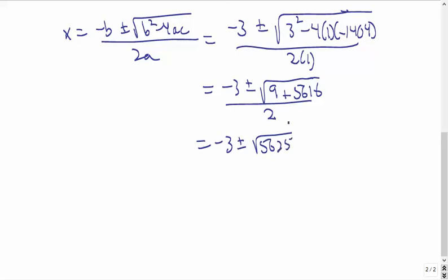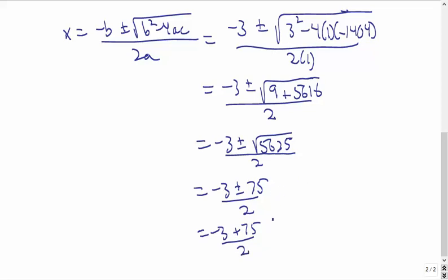So we have the square root of 5,625, which it turns out is a perfect square. It's 75. So all that over 2. So it's negative 3 plus or minus 75 over 2. So that's equal to negative 3 plus 75 over 2, or negative 3 minus 75 over 2.